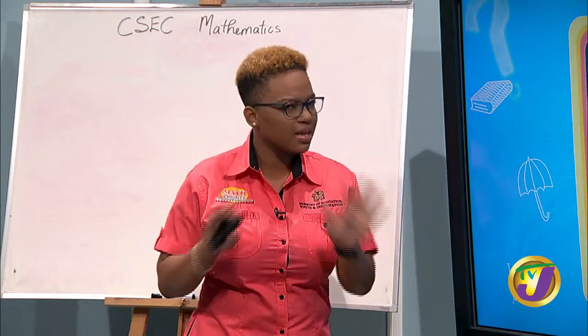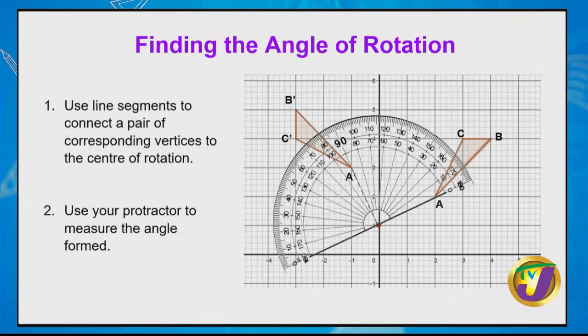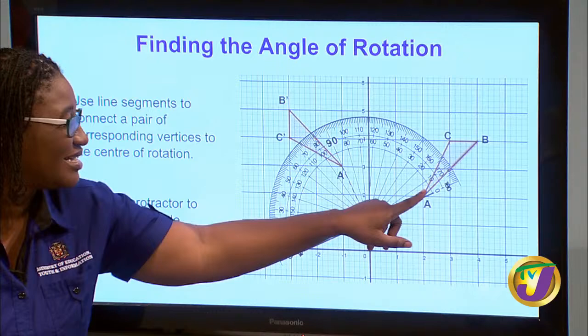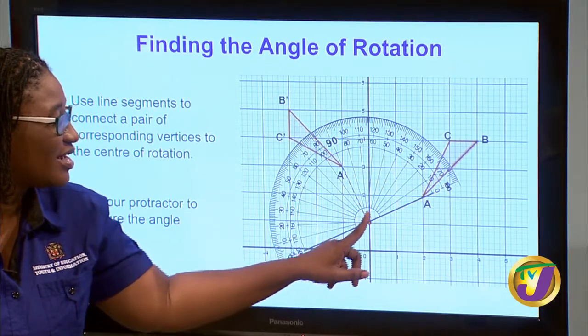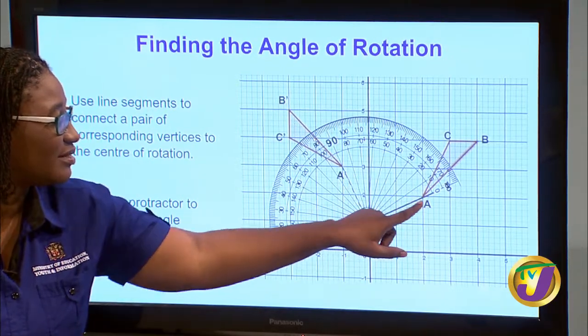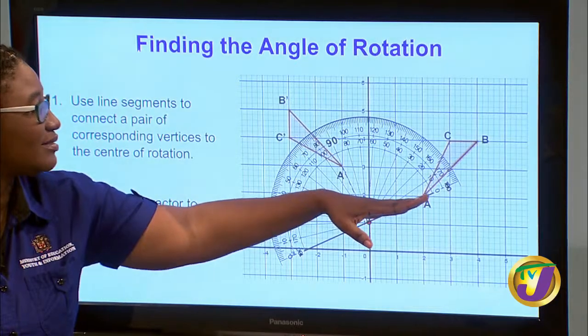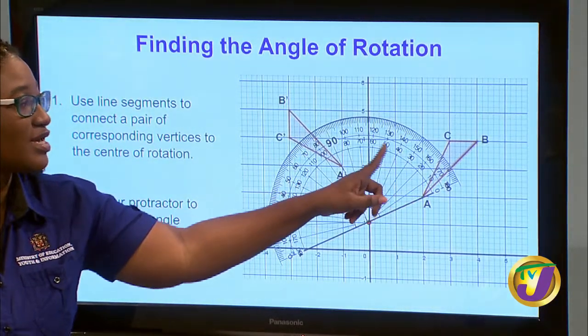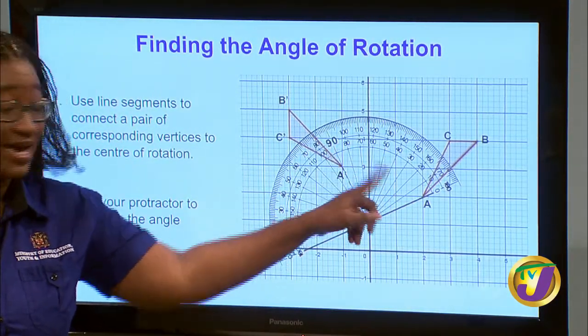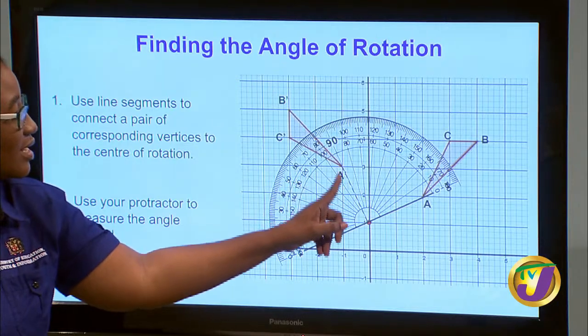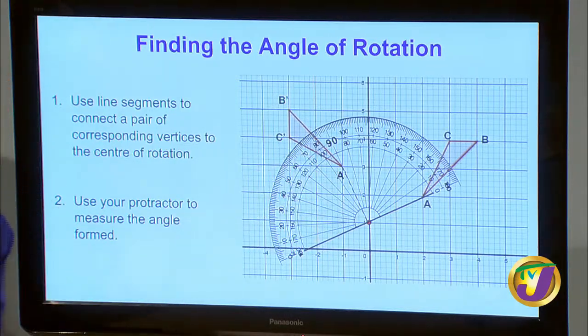Center match to center, can't forget. All right. And again, we're seeing here that we have aligned 0 with the line segment from the center to A. So let's measure. In this case, we're doing anti-clockwise. And that looks like a 90-degree angle.